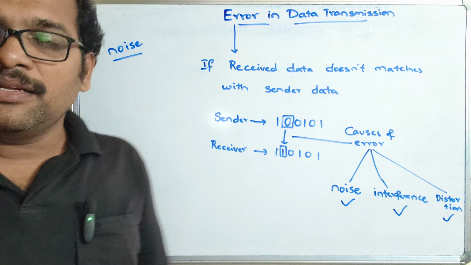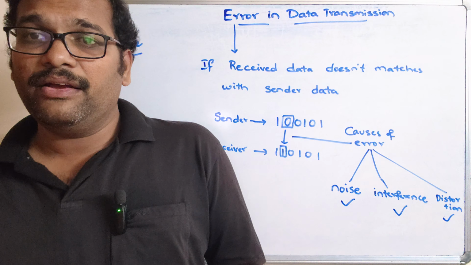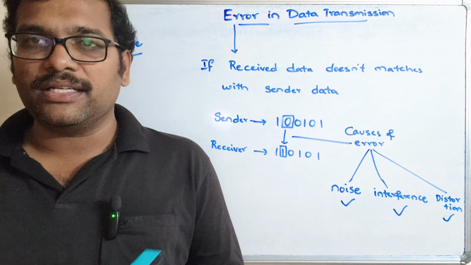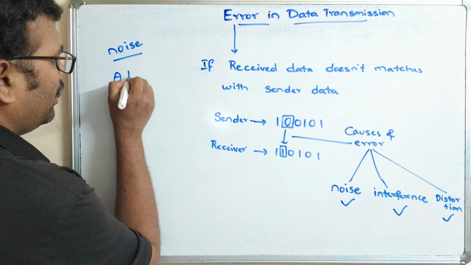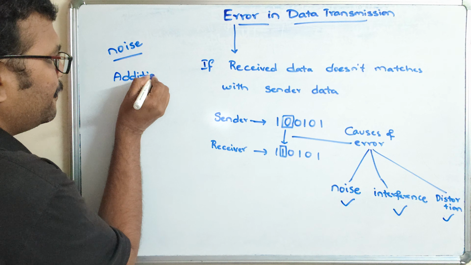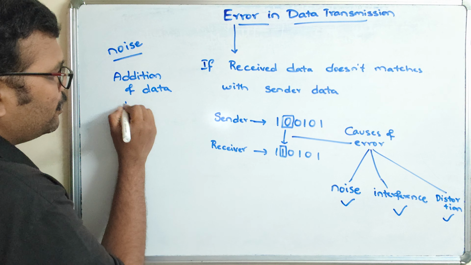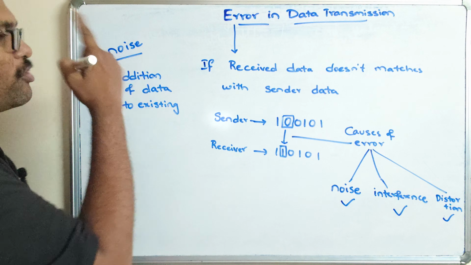Noise means whenever we are transmitting some data, if any data has been added to the sender data, that is called noise. So, addition of data to the existing data is called noise.